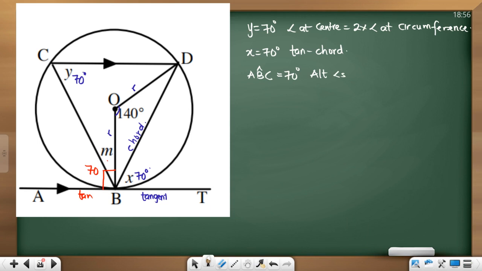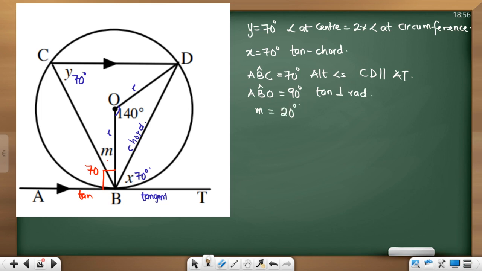You must tell us the lines that are parallel. CD is parallel to AT. Now, ABO is 90 degrees. Tan perpendicular to radius. Therefore, M equals 20 degrees.